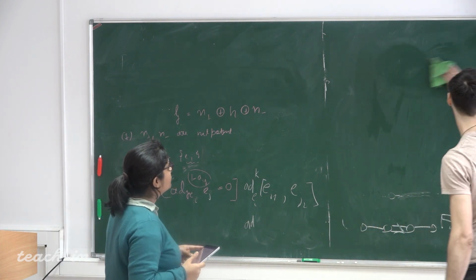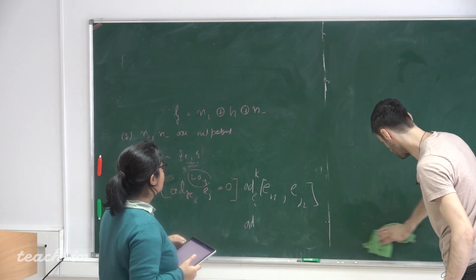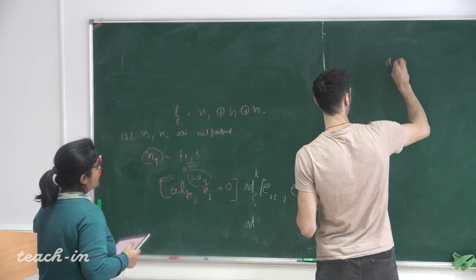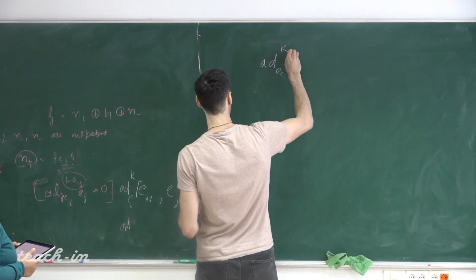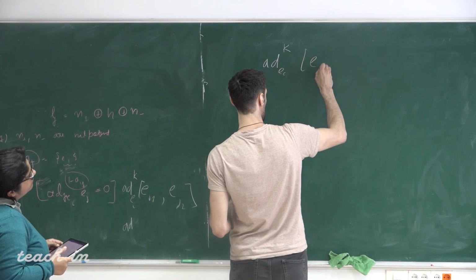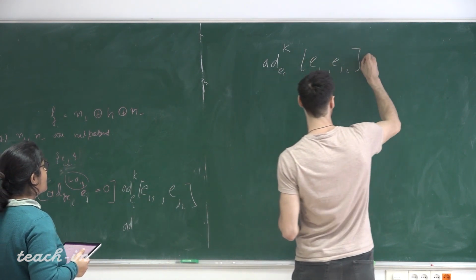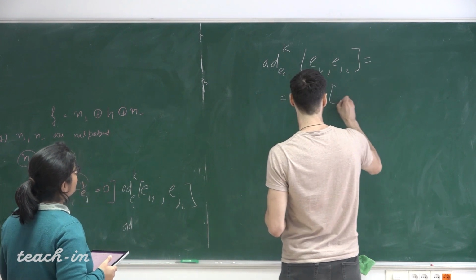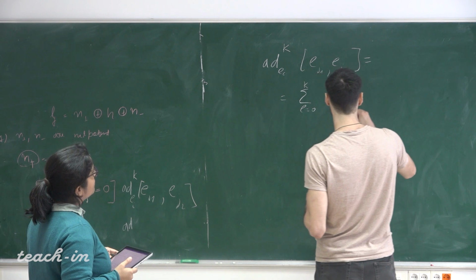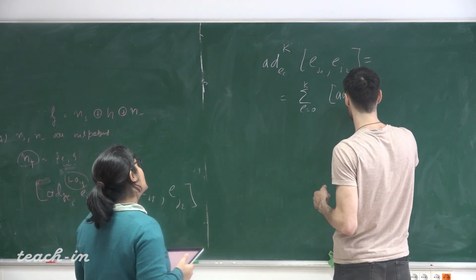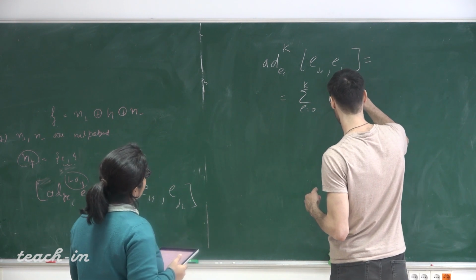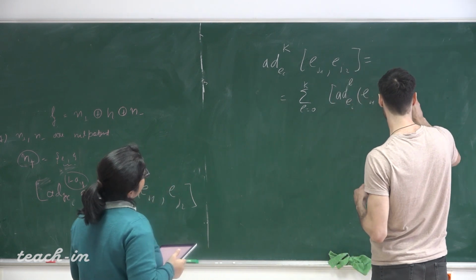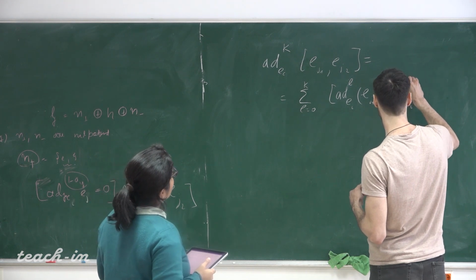When we were proving the Jordan decomposition, if you remember, we had that if I apply ad E I k times to E J1, E J2, then this is a sum over L from 0 to k of ad E I to the L applied to E J1, and ad E I to the k minus L applied to E J2.